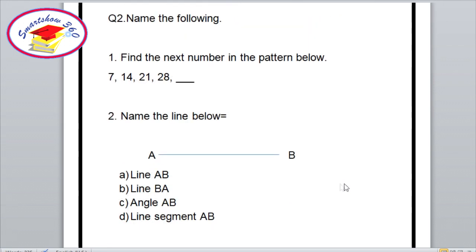Next, name the line given here. A, there's a point A and point B. So the answer would be, because I mentioned here, there's a line. So we have to name it what?